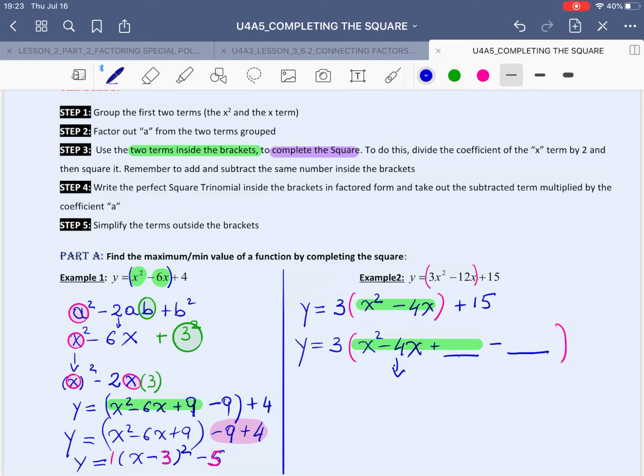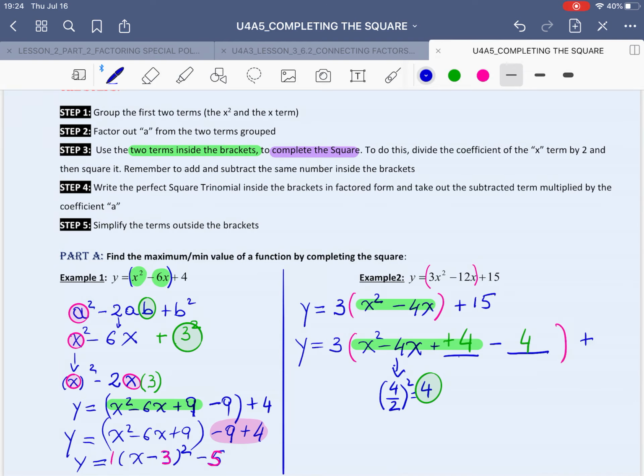So you take this coefficient, always take this coefficient, divide it by 2, and then square it. So 4 divided by 2 is 2, you square it, 4, which means that here we must add a 4 and subtract a 4. So we'll add the 4 and we'll subtract the 4.